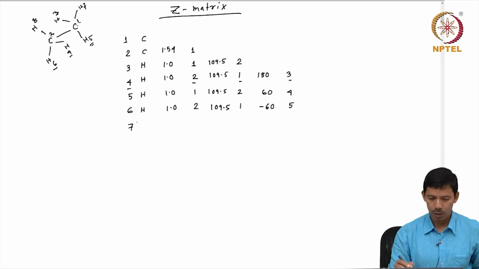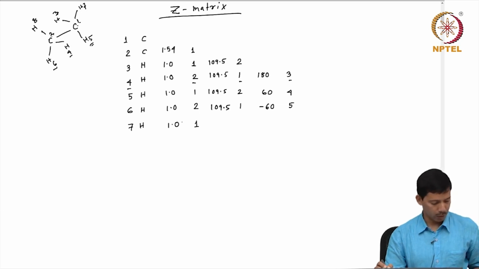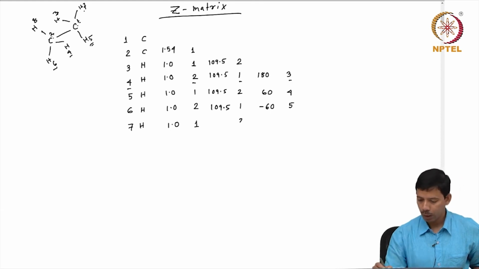Number 7 is hydrogen, forming a bond with 1, and that value is 1.0, and the angle it makes with 7, 1, 2 is again 109.5.